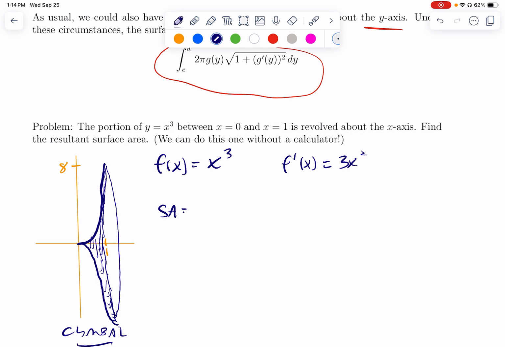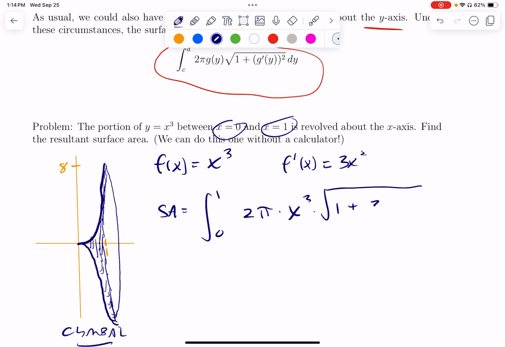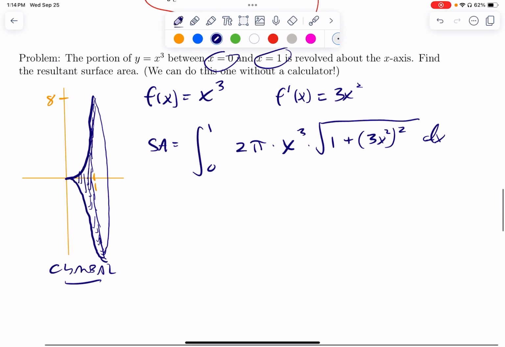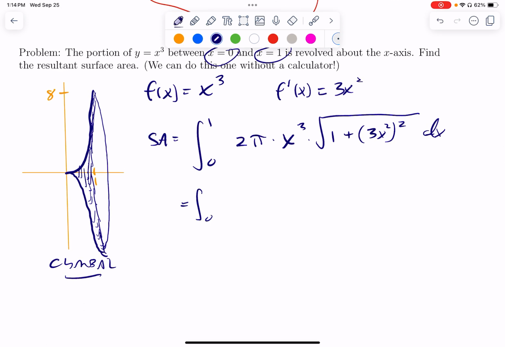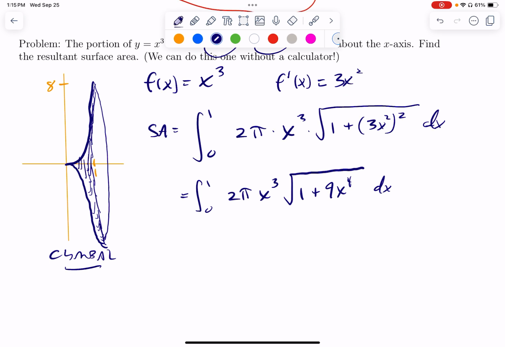So our surface area is the definite integral from 0 to 1 of 2 pi times f of x times this thing we recognize from arc length calculations. And this one we can actually do without a calculator. So let's notice we have the integral from 0 to 1 of 2 pi times x to the third, and then we have the square root of 1 plus 9x to the fourth.